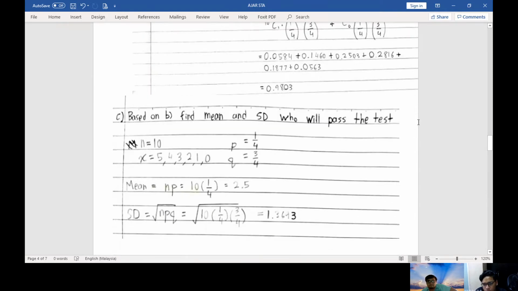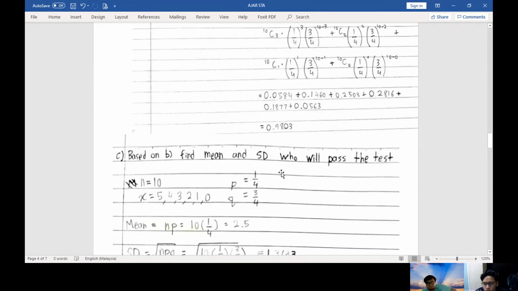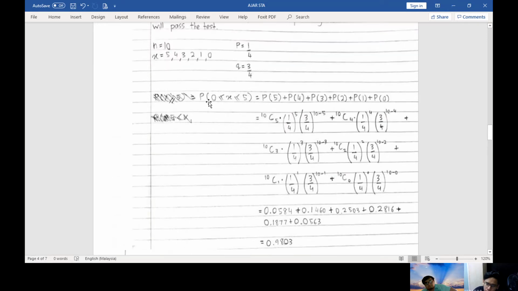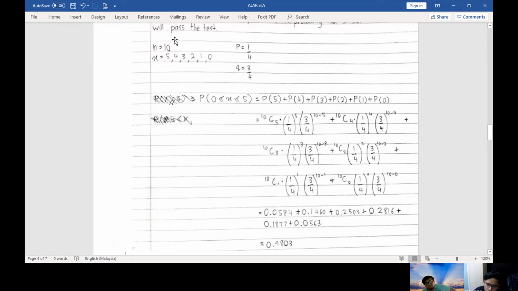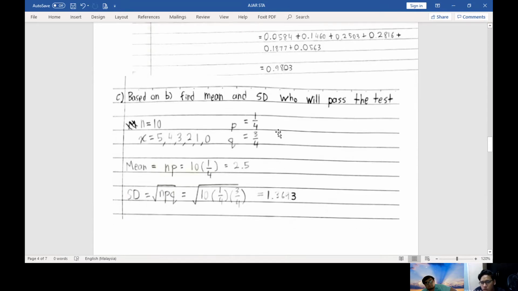And for C, based on the previous question, find the mean and SD, which is standard deviation, of candidates who will pass the test. So we copy back the information that we have got. So n equal to 10, x is 5, p, and q.